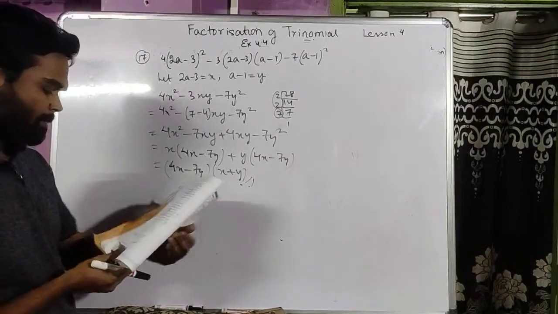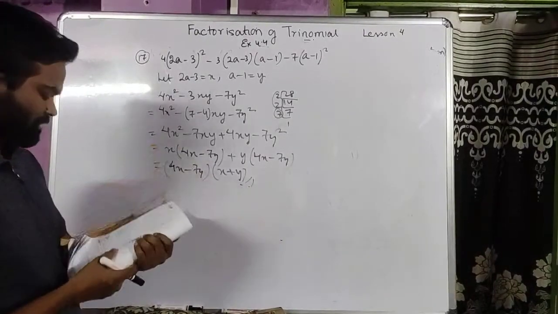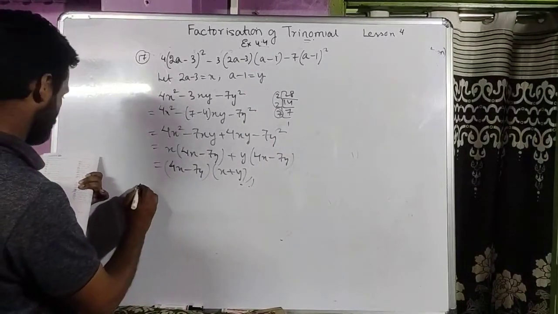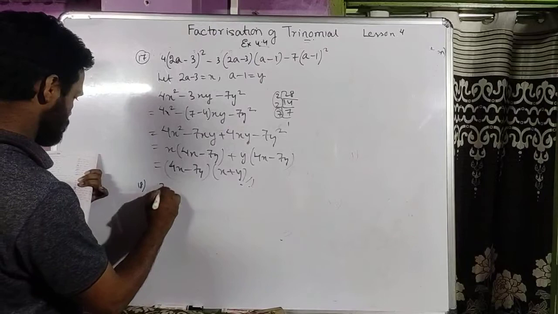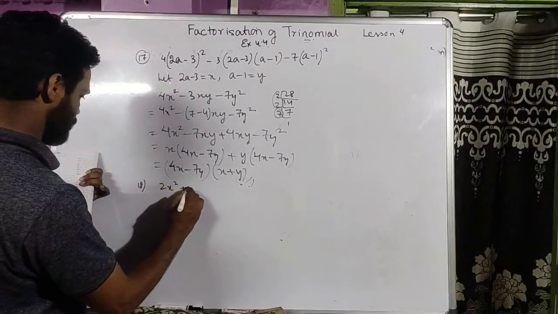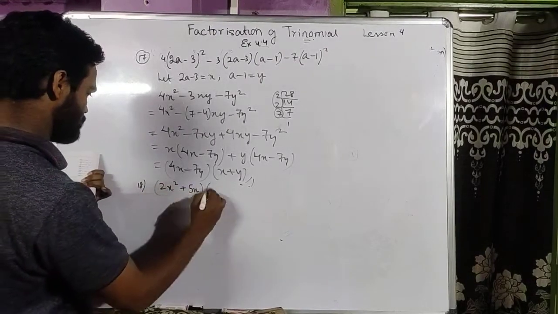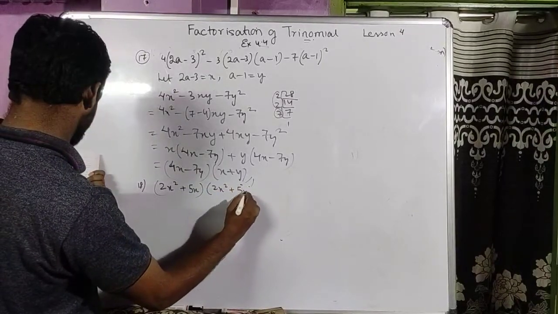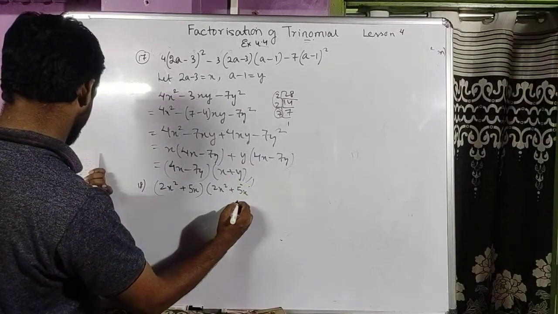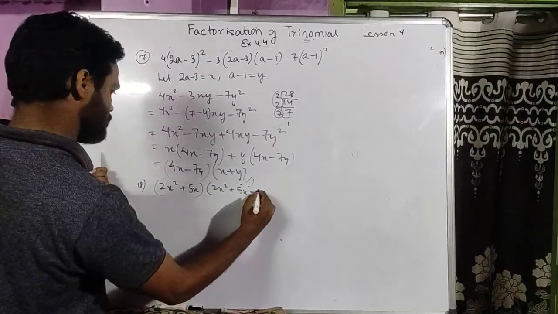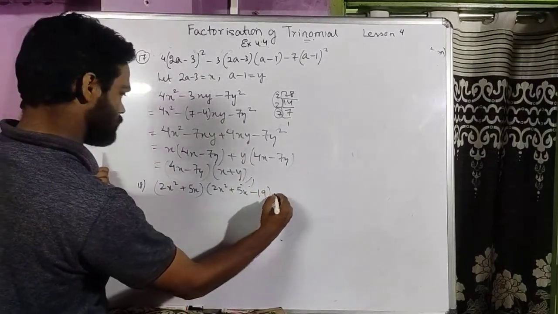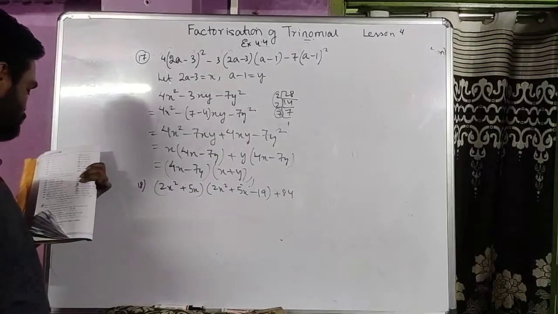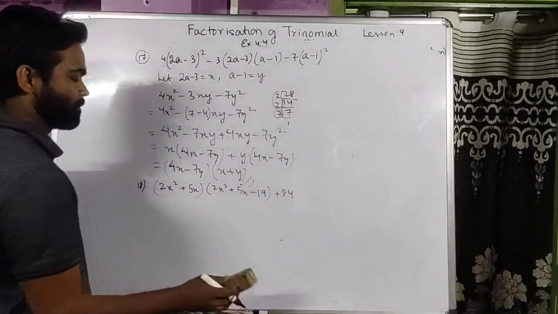Is it clear? Now we look at the last sum of this exercise, which is 18. 2x square plus 5x, minus 19, plus 84. Now look carefully.